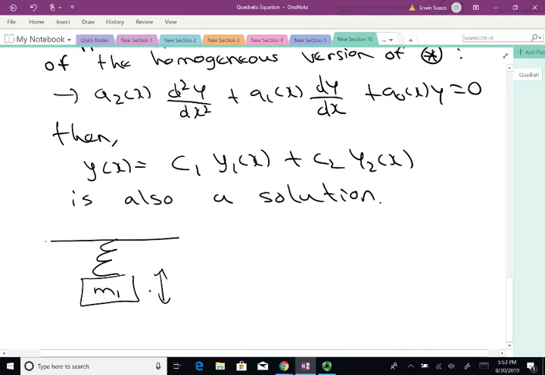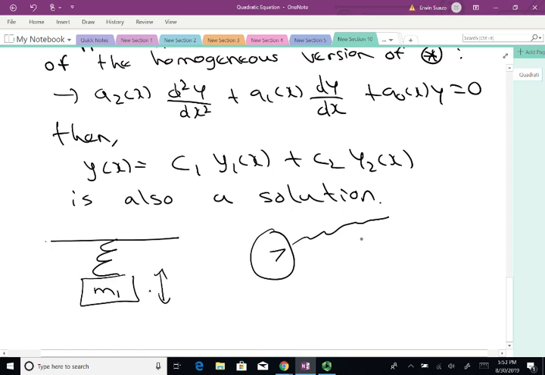If you have two electromagnetic waves, they can interact with each other. Remember in my slides I talk about Maxwell equations.